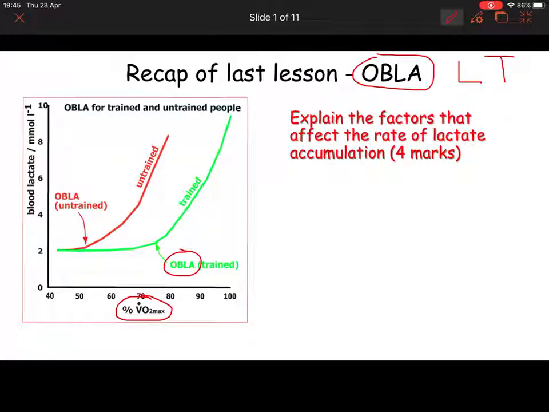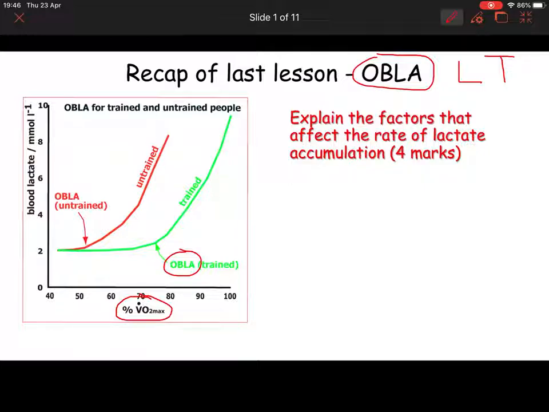Okay, and this figure shows it really, really clearly. One key sentence that I would really take a note of as you watch this video is the following: OBLA is a percentage of your VO2 max, okay? OBLA is a percentage of your VO2 max.